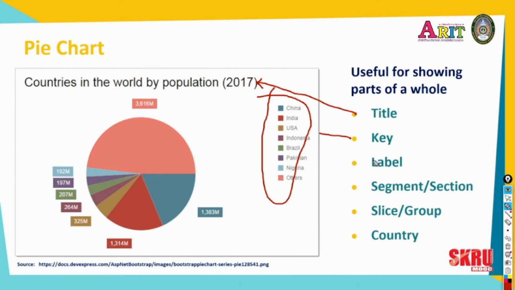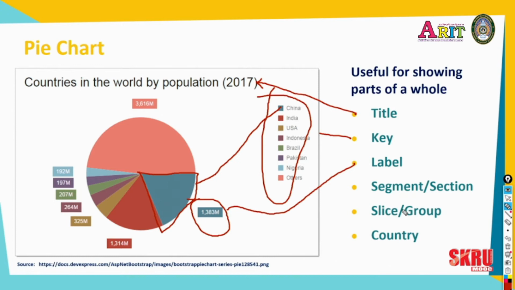Label, in this case we do have labels. The labels show the actual number, and the numbers here with M means in millions. Segment or section, that's each of these little coloured pieces. So here we have the segment, the section representing China.